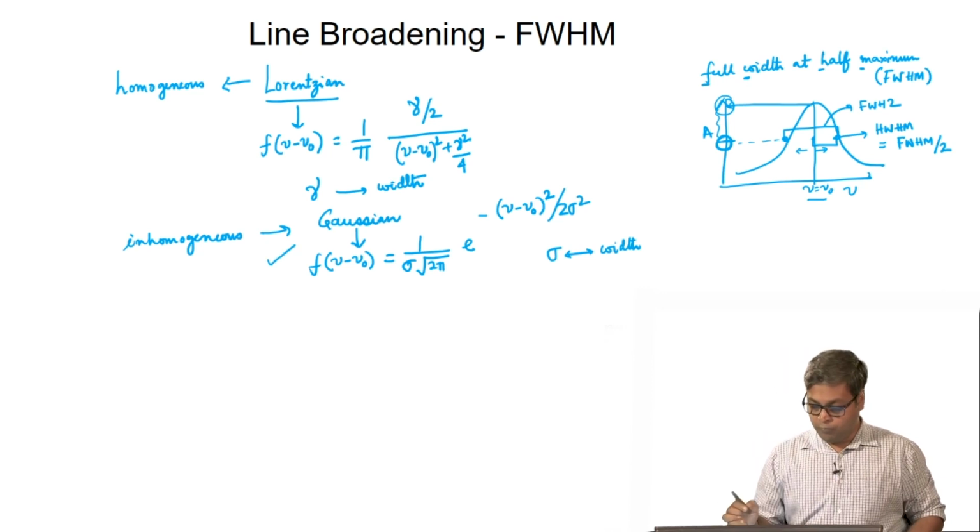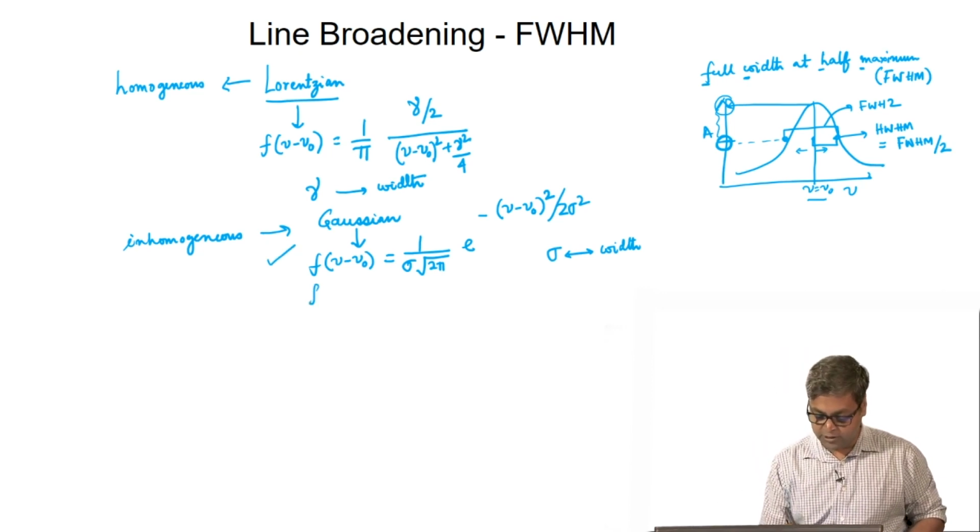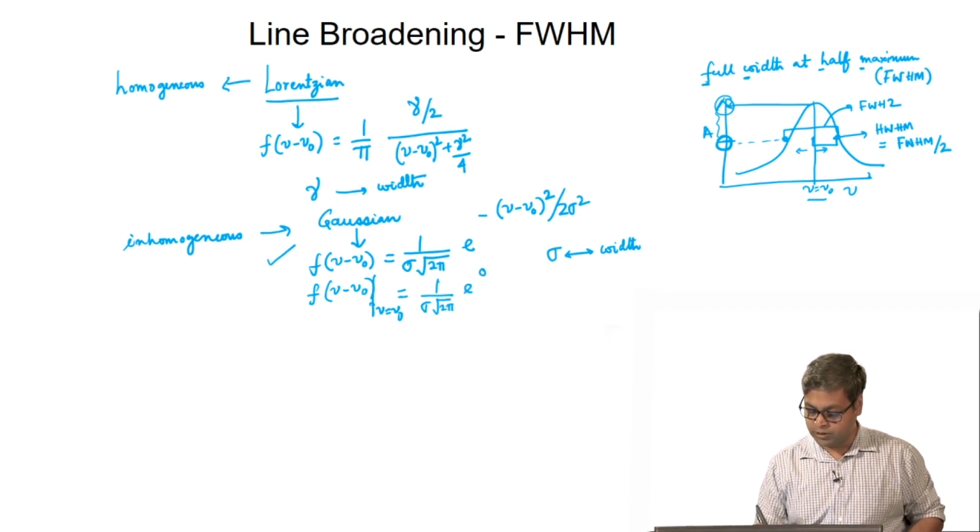We have to evaluate this function at nu equals nu 0. At nu equals nu 0, f(nu minus nu 0) becomes 1 by sigma root over 2 pi times e to the power 0, because e to the power 0 is 1.